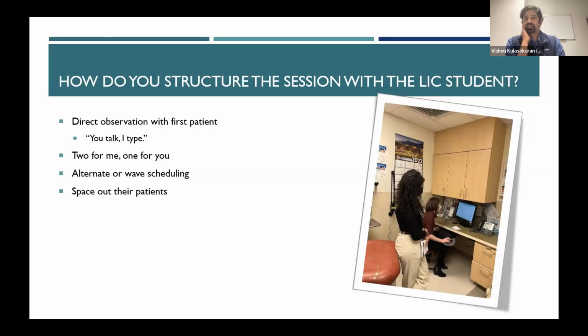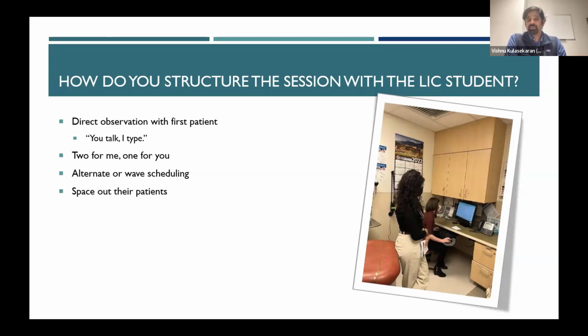While they're taking the history and doing their physical, I'm typing up the note, putting in orders, and creating the after visit summary. So I'm not getting behind on that encounter, and they're not having to re-present to me because I've already heard them take the history. This allows me to give them really targeted feedback on something specific they did in the history or physical exam, and then move on. Often that might be the only direct observation I do for the day.